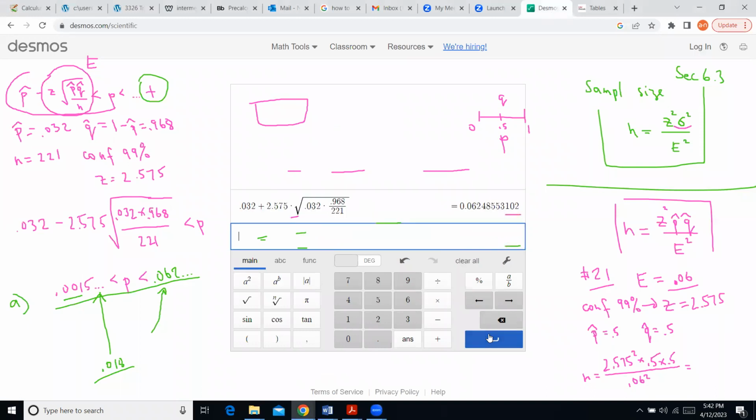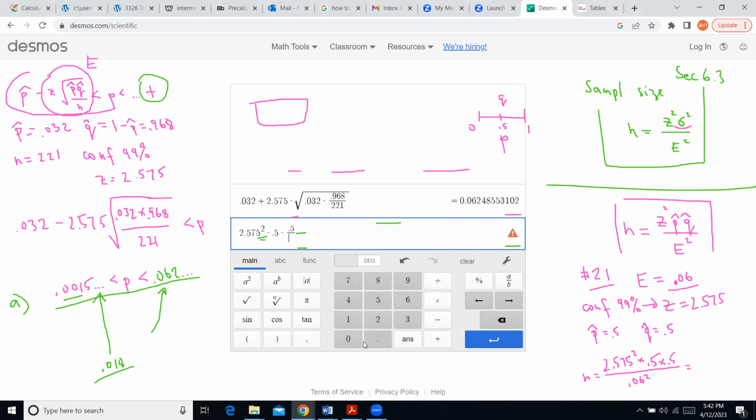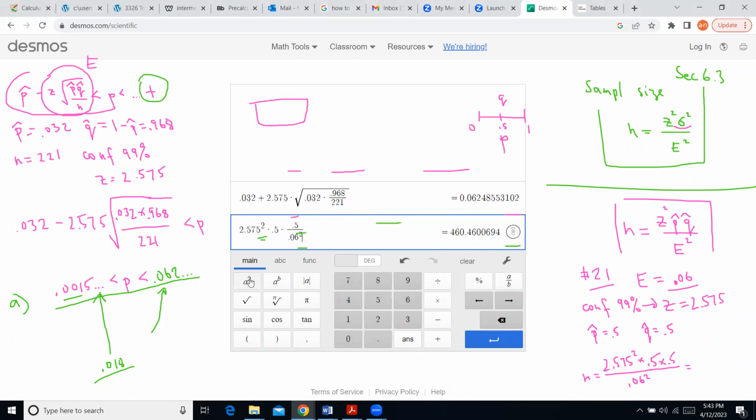So let us do this. So I got 2.575 to the second power times 0.5 times another 0.5, and then we divide this by 0.06 squared. So I think it's pretty straightforward, as long as you actually get a calculator and do it.